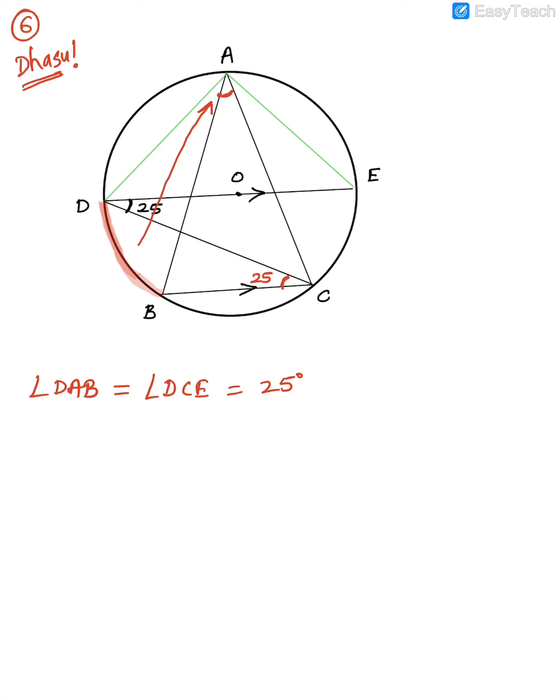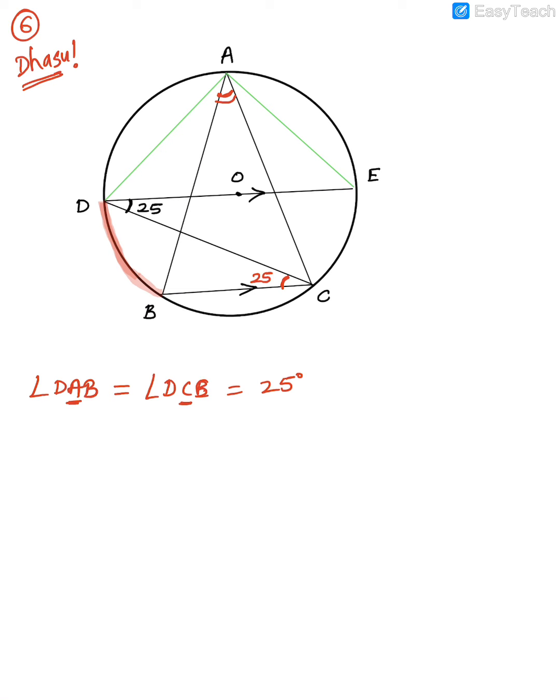Those who don't understand, I'll tell you one more thing. The actually very simple way to learn this is, try out this method which I'm telling you now. Let's say we first found out there is a common arc DB. So any angle on DB means DAB and DCB. Sorry guys, I wrote it wrong, DCB it is. So you can see only the alphabet in the between is different.